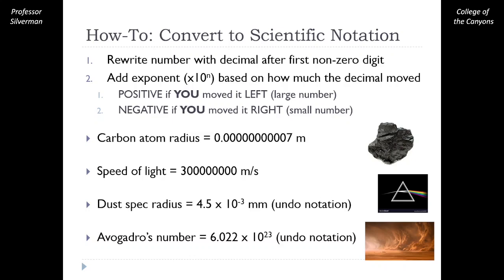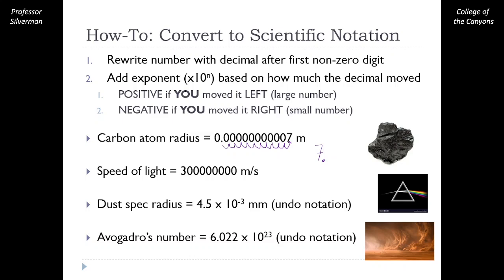So for example, this carbon atom radius, we need to shift our decimal place all the way over here, 11 spots. That way we can write our number as 7 decimal place.